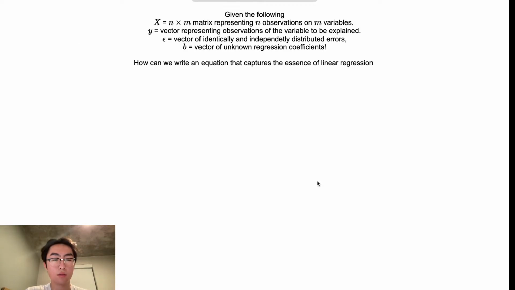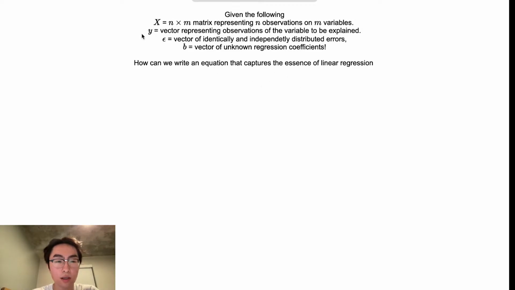Given the following: X is an n by m matrix representing n observations on m variables, y is a vector representing observations of the variables to be explained, epsilon is a vector of independently and identically distributed errors, b is a vector of unknown regression coefficients. How can I write an equation that captures the essence of linear regression?